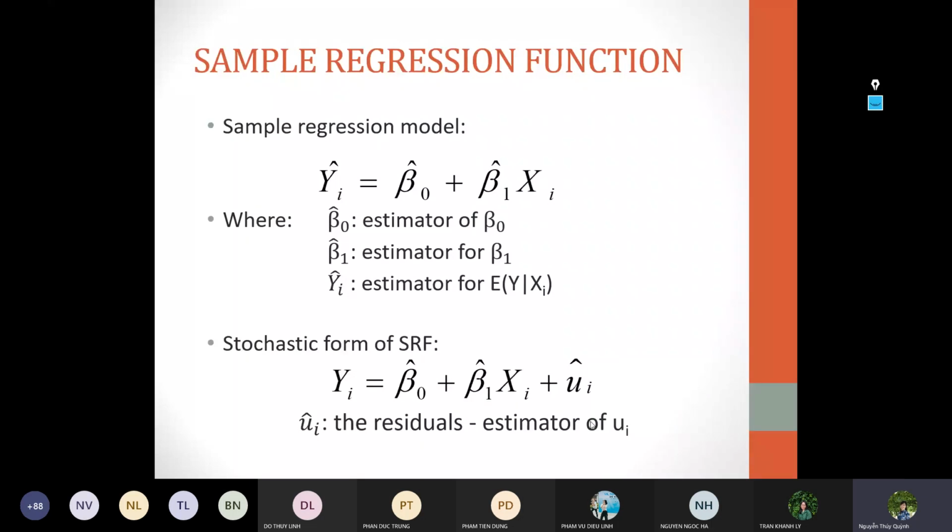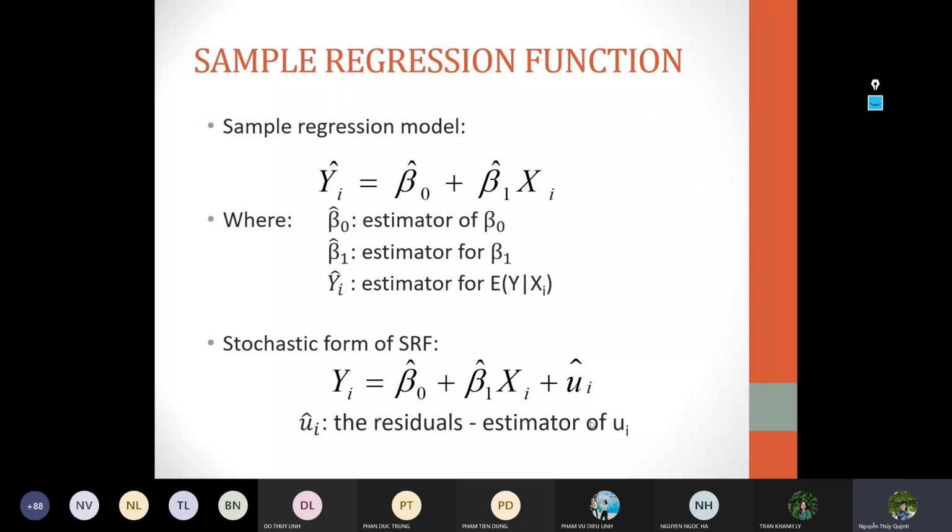The sample regression function has the same functional form as the population regression model. The population regression model is the rule that applies for the whole population, so a sample taken from that population will also follow that rule.